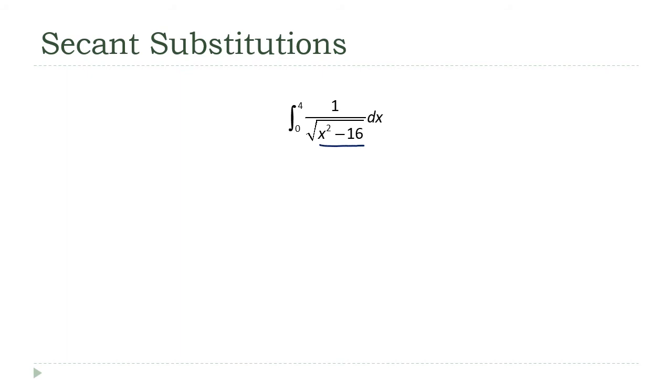This integrand is only defined for values of x less than or equal to negative 4 or greater than or equal to positive 4. Those numbers aren't in either of those ranges. Okay, so this doesn't exist. You can't integrate a function over an interval where it isn't defined.